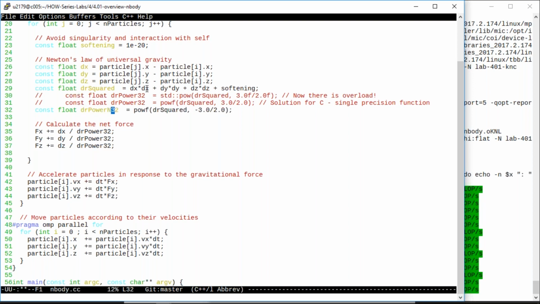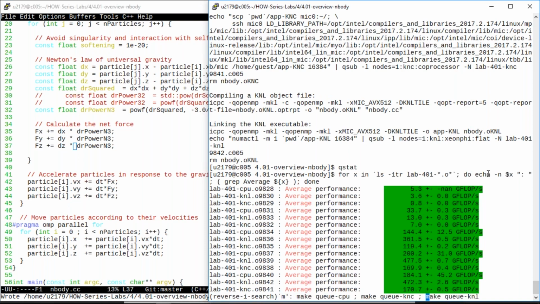This is dr to power -3. And I have to multiply by this value rather than divide. Once again, it might change the accuracy, it might degrade accuracy, but it is a lot faster.